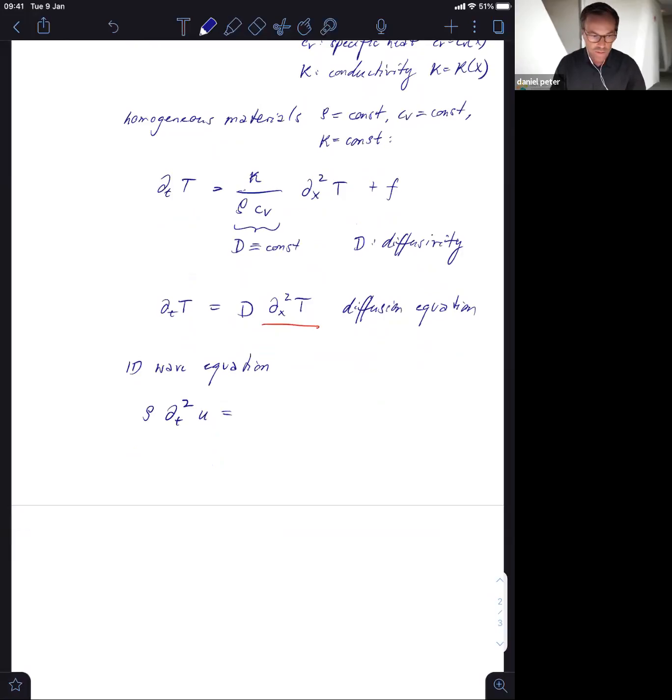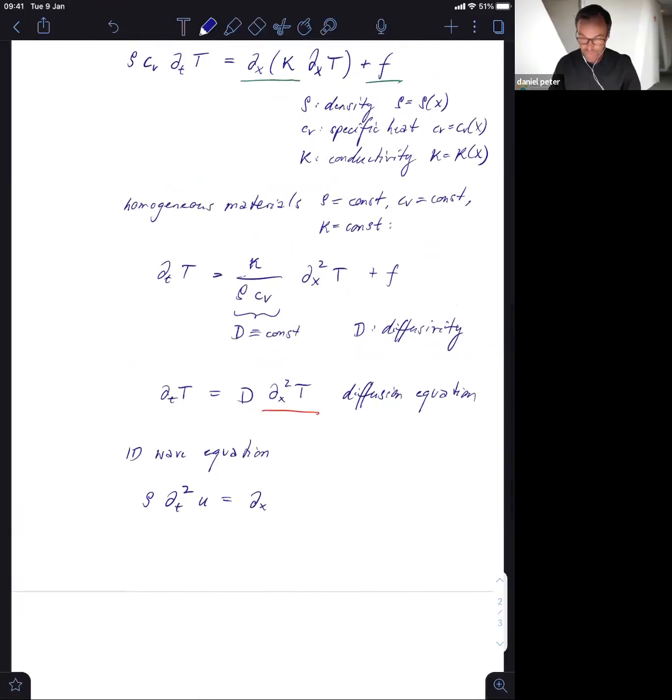And now the right-hand side. Derivative with respect to the displacement or X. Right, and so this term becomes very similar to the heat equation. The shear modulus or bulk modulus. Which one do you prefer? Shear modulus, for elastic.